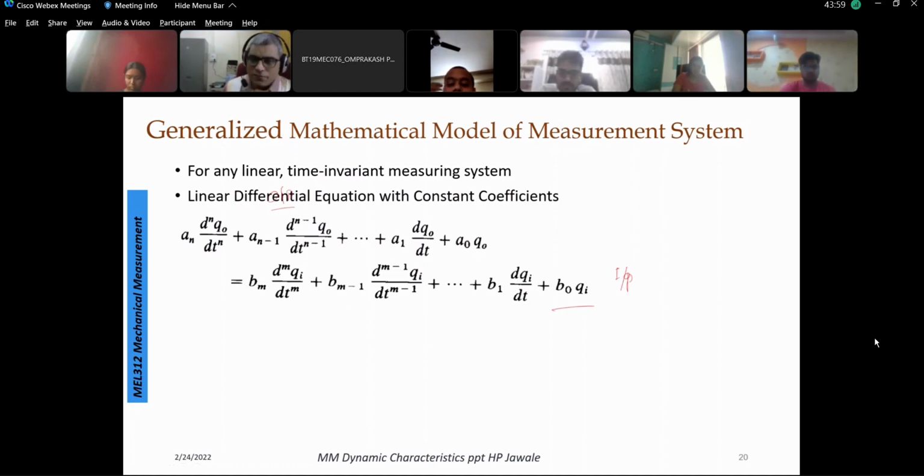These differential equations with constant coefficients will better represent the response of the system.